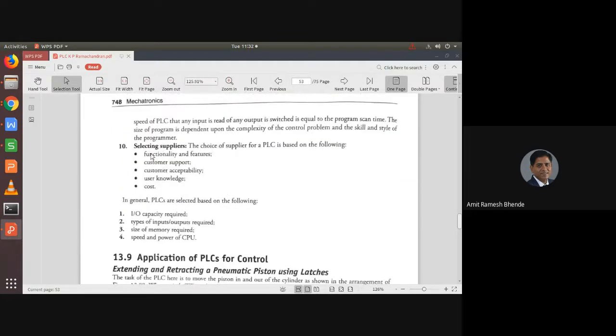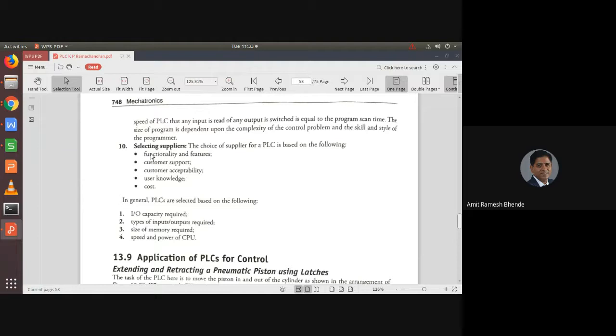Then the 10th point is selecting the suppliers. Okay. Now there are various suppliers available in the market. Every supplier has got its own reputation, and every supplier has some trust associated with it. Like for example, we always consider Maruti very reliable because some kind of trust is associated with that brand.